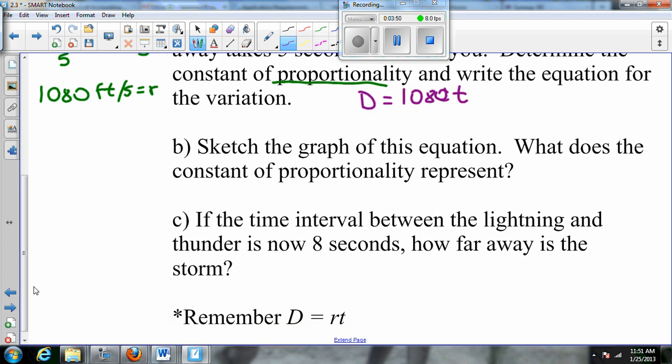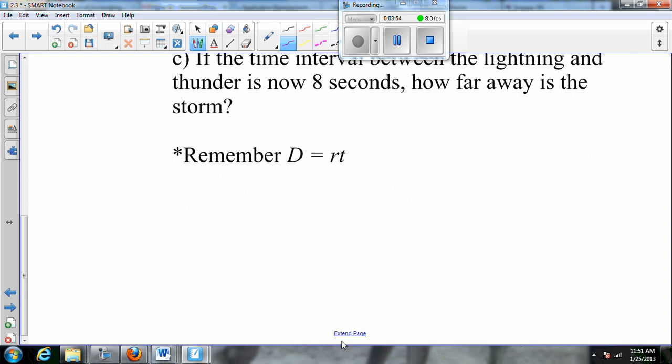What does the constant of proportionality represent? Okay, so we need the first quadrant only because k is positive. So t is on the horizontal axis, t for time, d for distance is on the vertical axis.